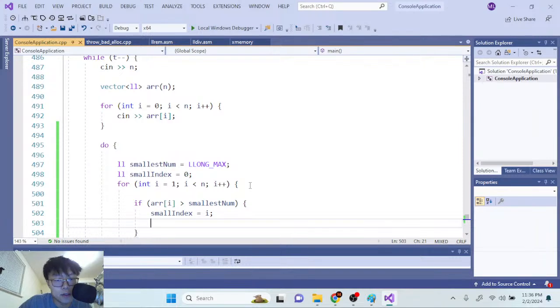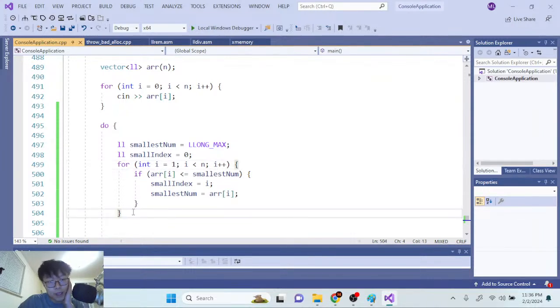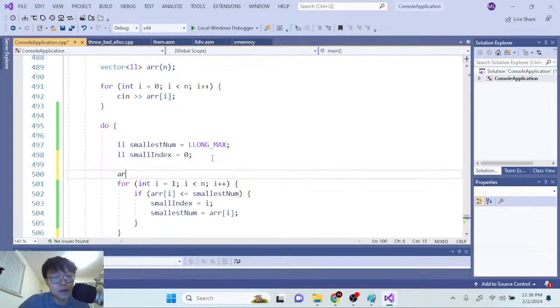And then we're going to set it if it's less than or equal to smallest number, and we're going to set smallest num to equal r of i. Okay? So this will find the smallest number that we have throughout the array. And then we're going to swap it. So on Alice's turn, r at 0 is going to decrease by 1, right?